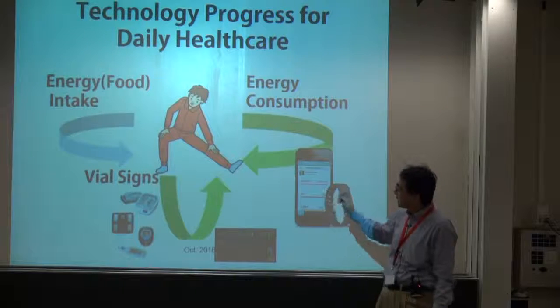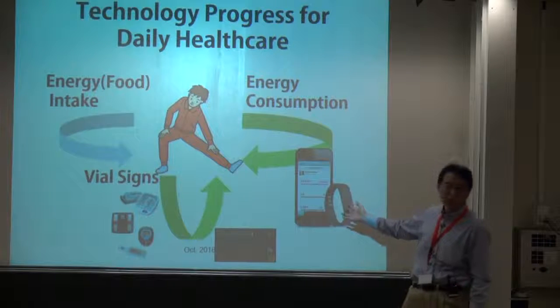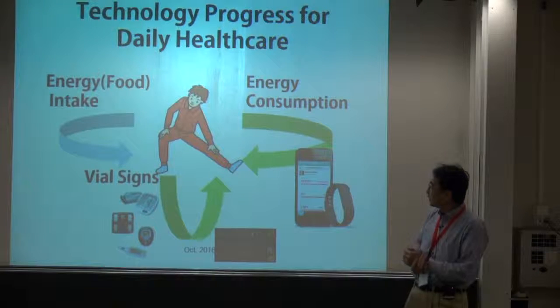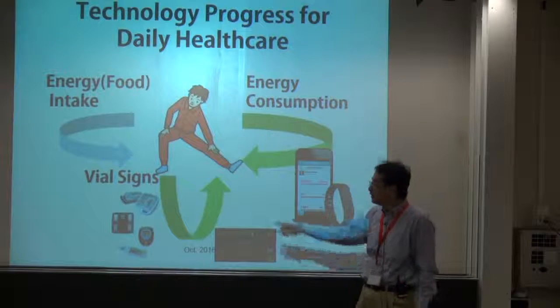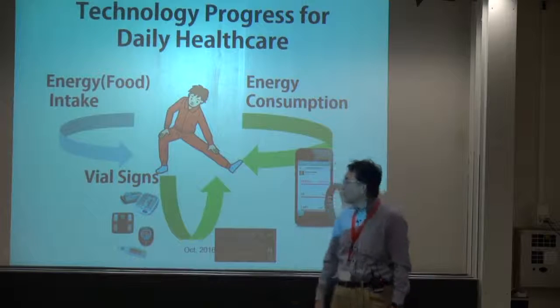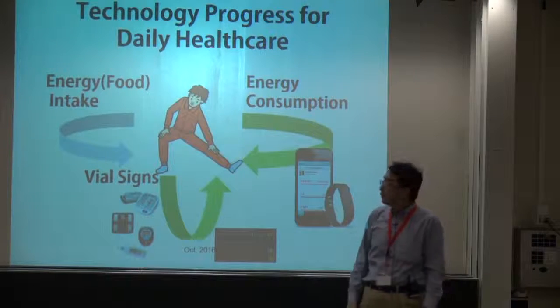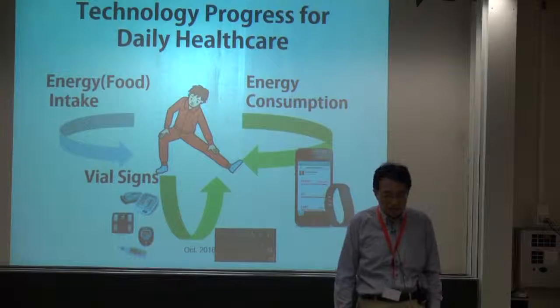And from the technology point of view, the energy consumption is almost in our hand. It is in our hand that we can have a wearable and wear it all 24 hours a day. But for vital signs, we have home appliances we can measure easily. But the most difficult thing is the food intake.